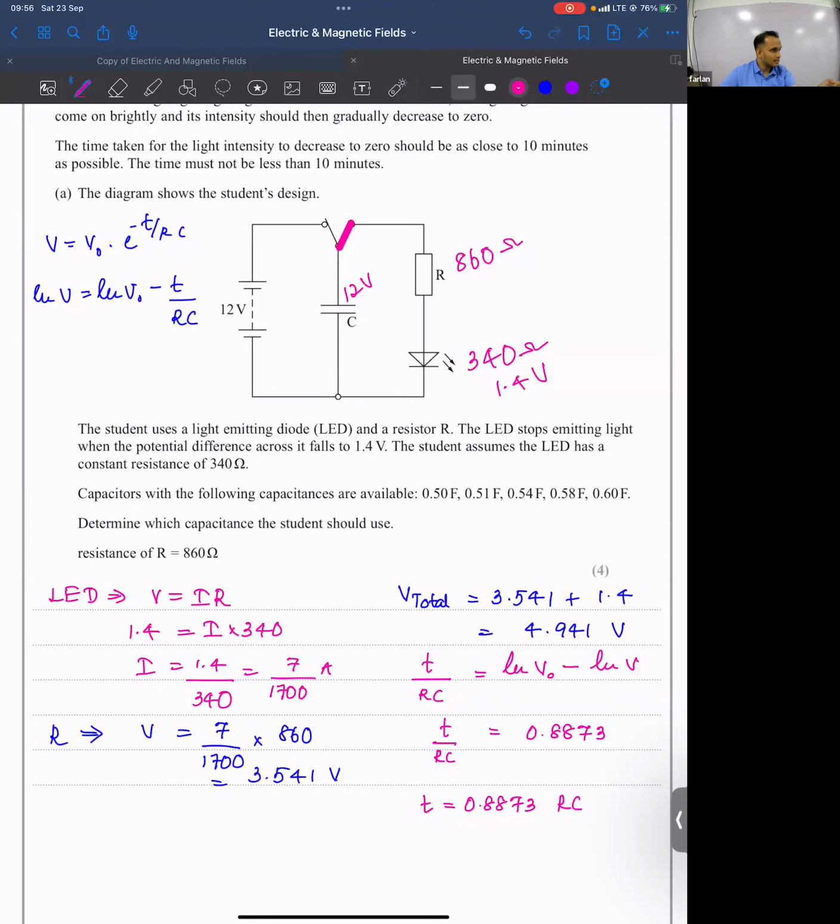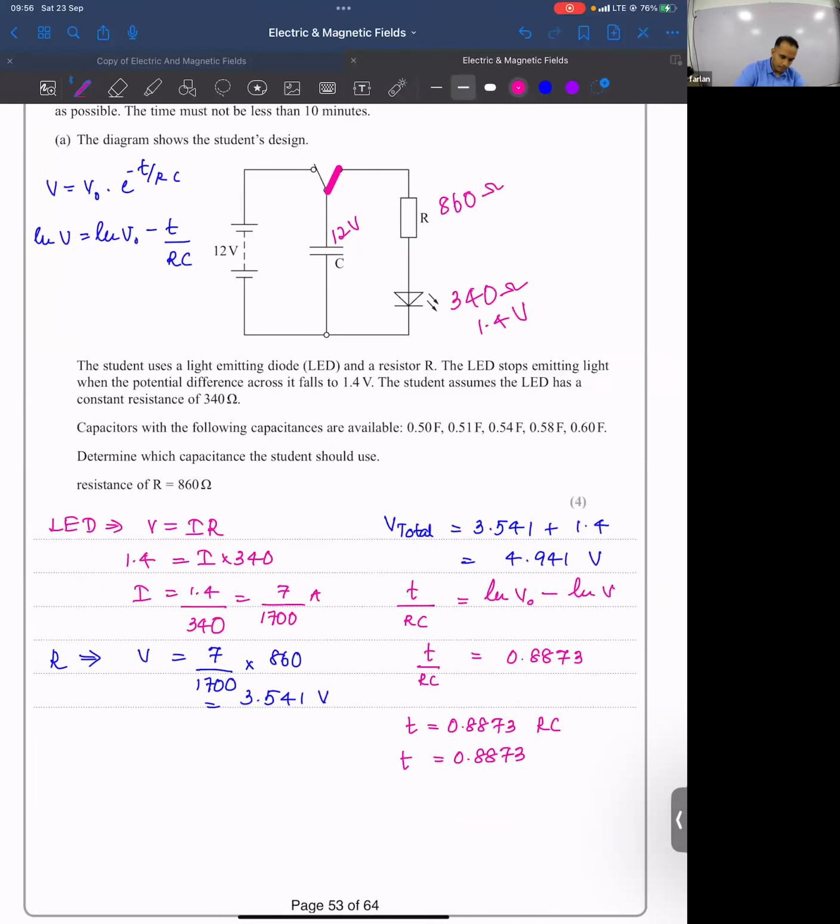Both are connected in series. So the R is 860 plus 340, 1200, right? 1200 times C. So T is equal to 0.8873 into 1200, which is 1064.76 C.